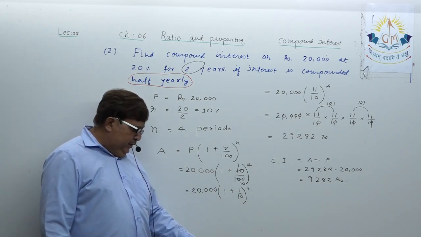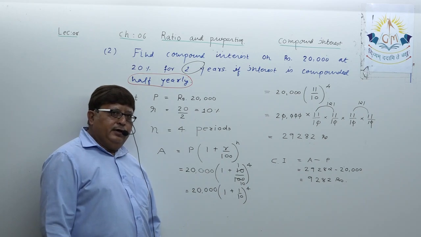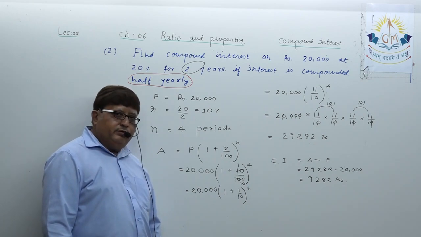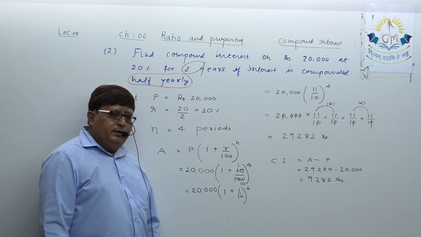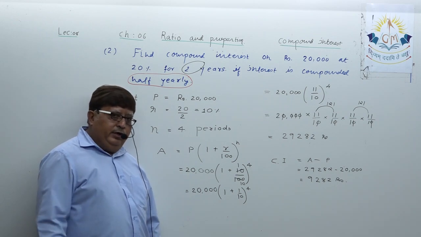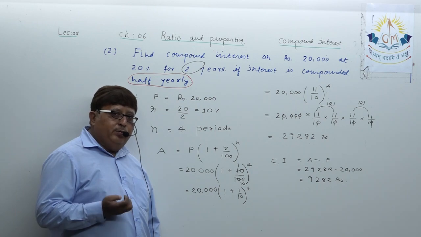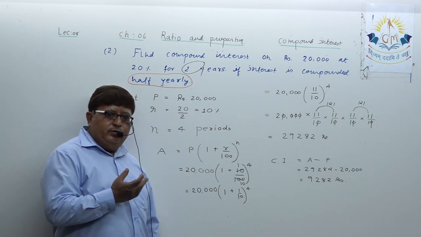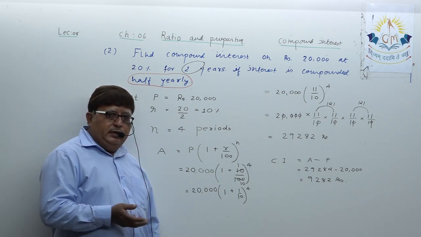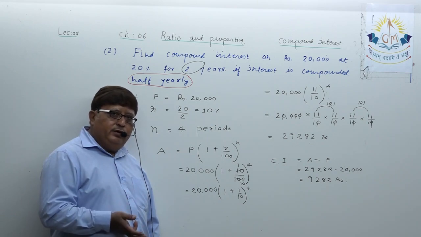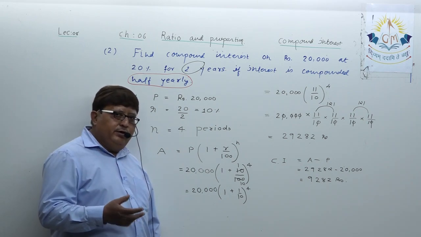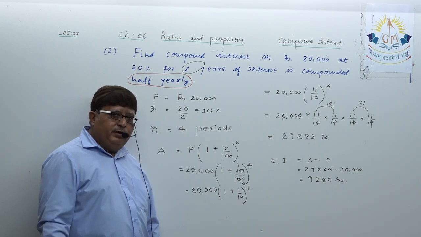So whenever the interest is counted half yearly, this is going to happen. You understand? In annual also you are getting more interest because it is compound interest. Here it is compound interest and it is counted half yearly. So definitely it is going to increase the interest you will receive.